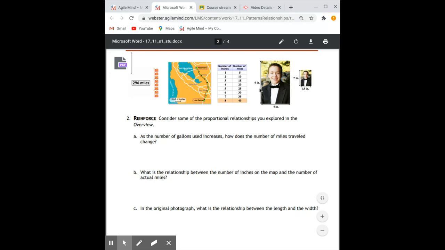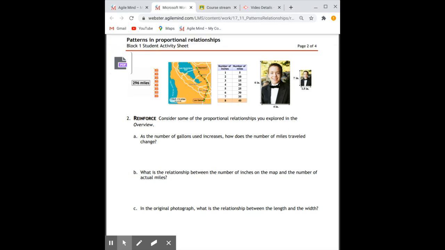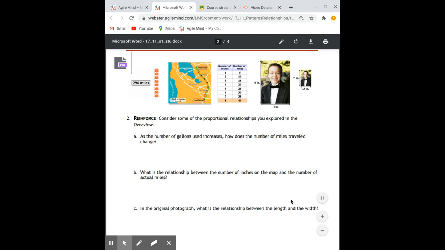Compared to this one and this one, they're both what? Starts with a P. Proportional? Yeah, they're proportional to each other. So when it says what is the relationship between the length and the width, well, the constant of proportionality is 1.5. So if we take that 1.5 and we multiply it by the width, we can find the height.